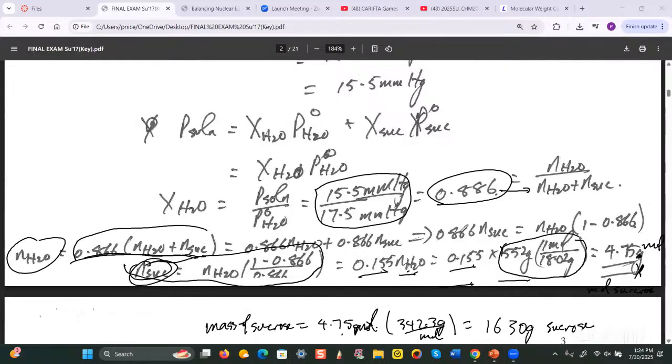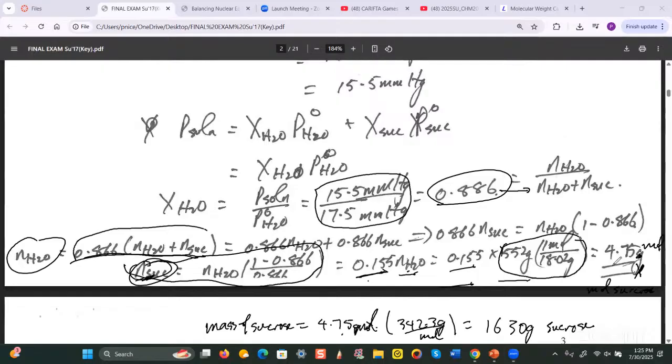We rearrange it to get the number of moles of sucrose, which is the number of moles of water times 1 minus 0.866 divided by 0.866. This part here works out to be 0.155. And then you multiply that by the number of moles of water, which is this right here, and that gives you the moles of sucrose. And then you multiply it by the molar mass to get the grams of sucrose.